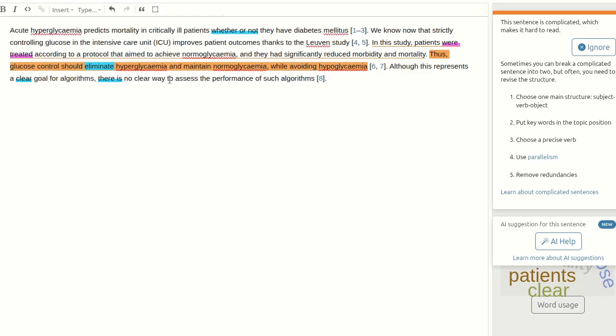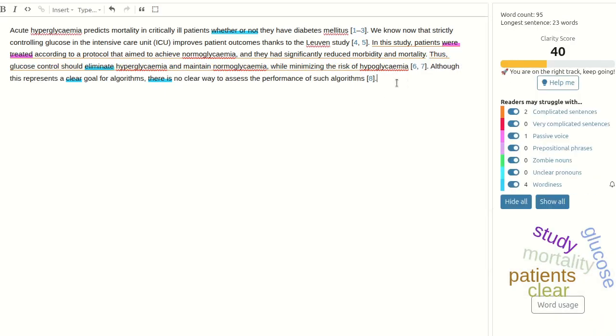And here we can actually add a little bit of nuance. In discussing this, we first had "avoiding hypoglycemia," but there was a little bit more nuance there. We might think about minimizing the risk of hypoglycemia. Thus, glucose control should eliminate this and maintain this while minimizing the risk of this.